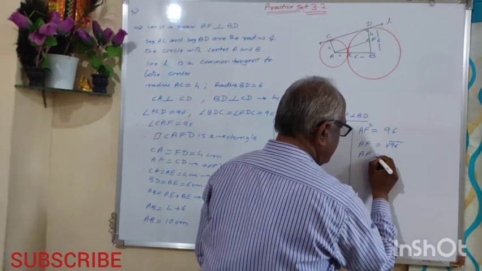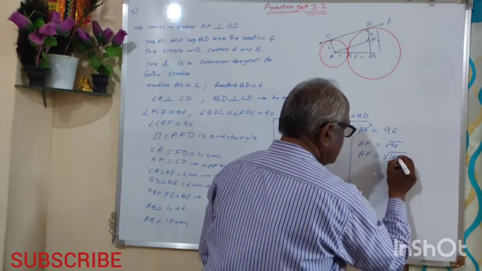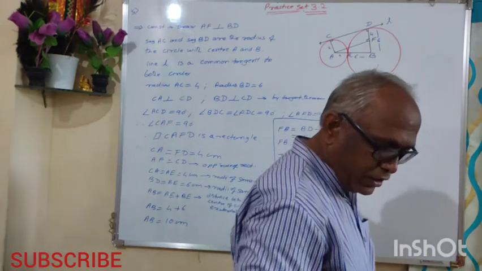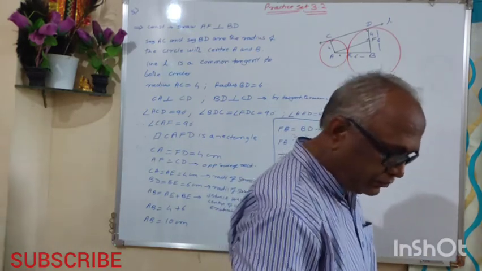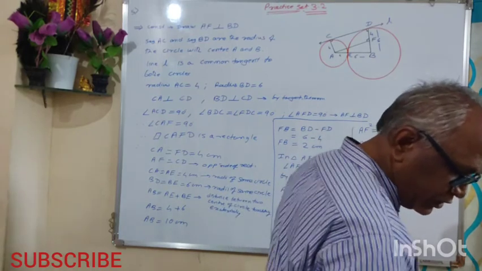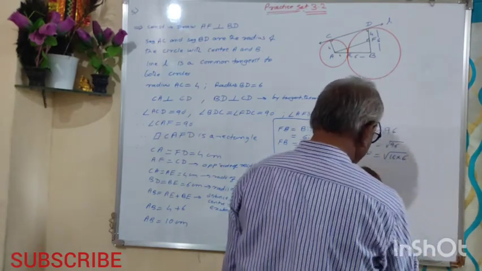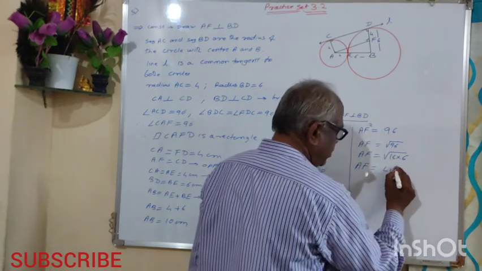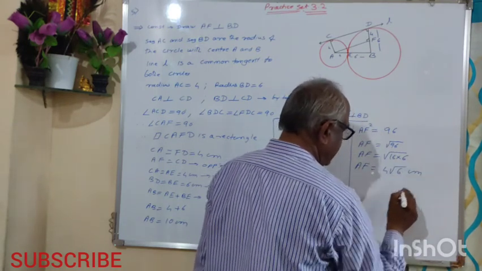Therefore, AF is equal to under root 16 into 6. Therefore, AF is equal to 4 under root 6 centimeter.